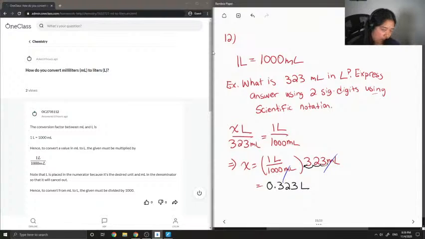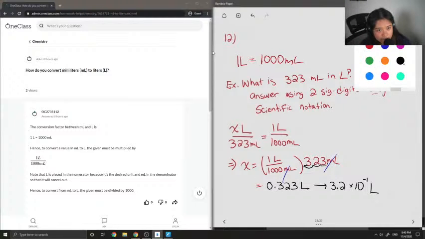So the second part of the question says to express answer using two significant digits using scientific notation. So to convert to scientific notation, let's say we had 3.2 times 10 to the -1 liters.